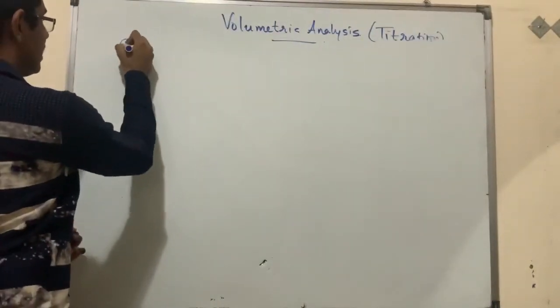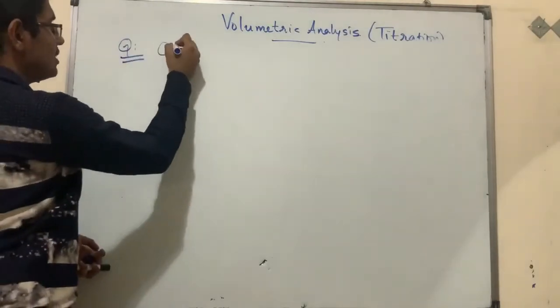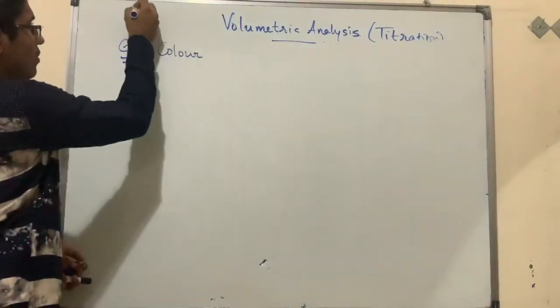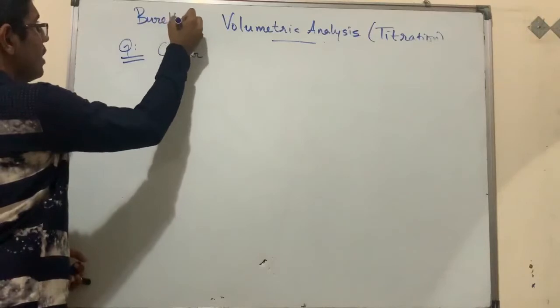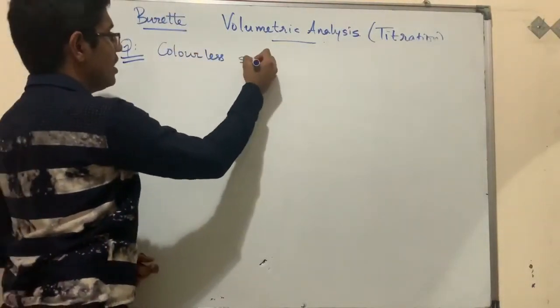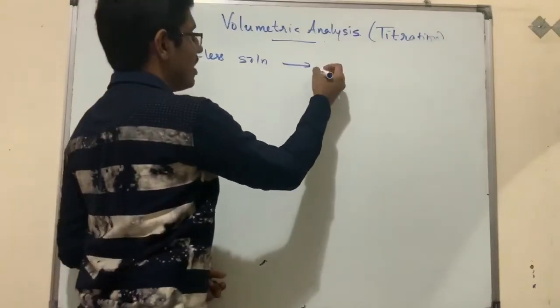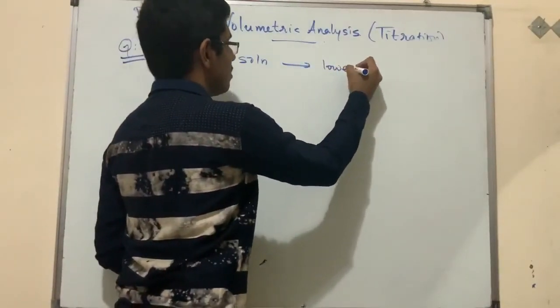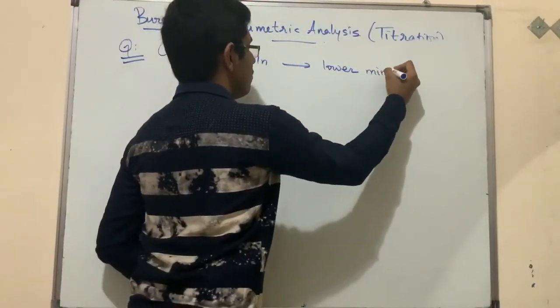The question is, for colorless solution in burette. We are talking about burette. If we are taking a colorless solution in the burette, then we are reading the lower meniscus.